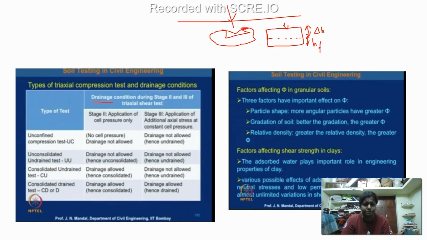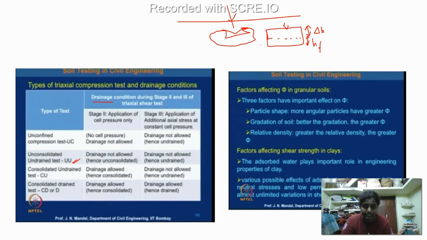Shearing stage means where you are making the sample fail, where you apply excess load to make the sample fail. I'll first go with these three. In unconsolidated undrained, unconsolidated means you are not allowing the water to escape, that's why it is not consolidating.